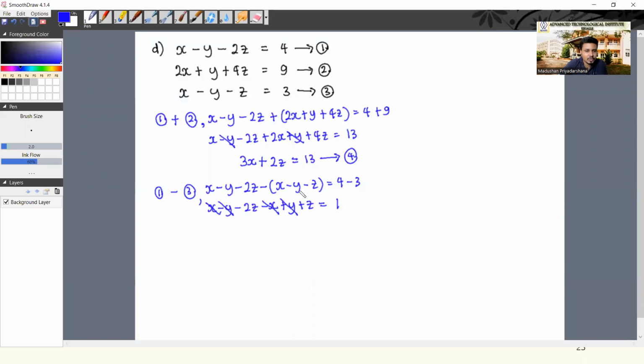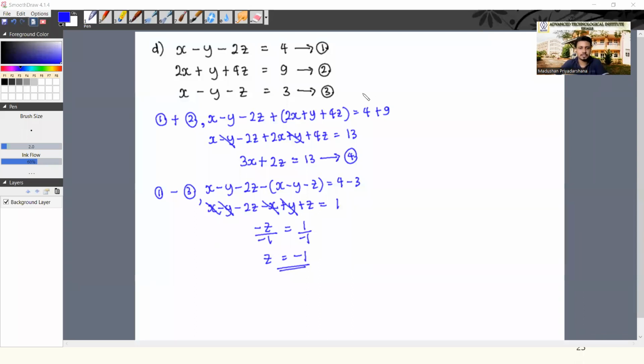However, an opportunity came that while removing y we could also remove x. Then what will be left on our left hand side? Minus 2z plus z, that is minus z equals 1. Divide both sides by minus 1. Therefore, z equals minus 1.